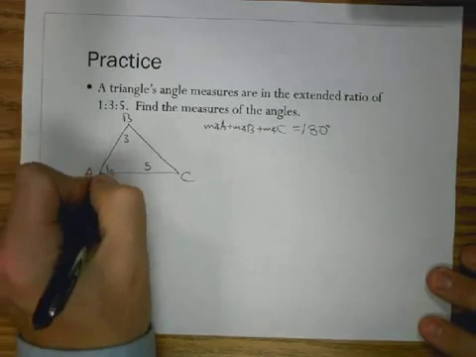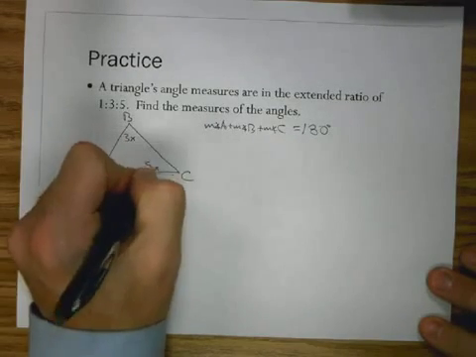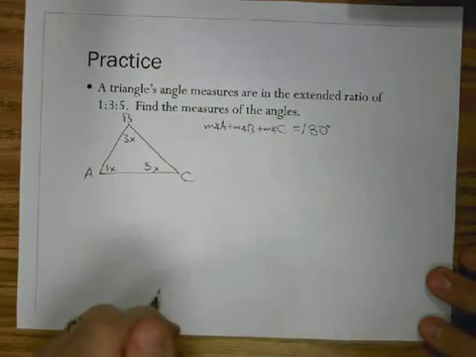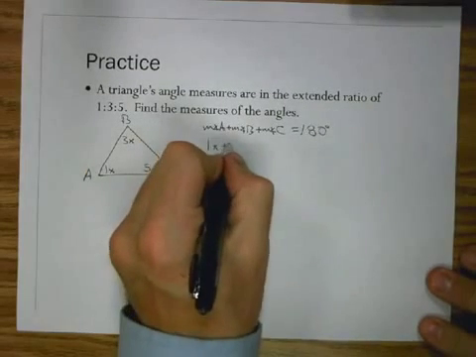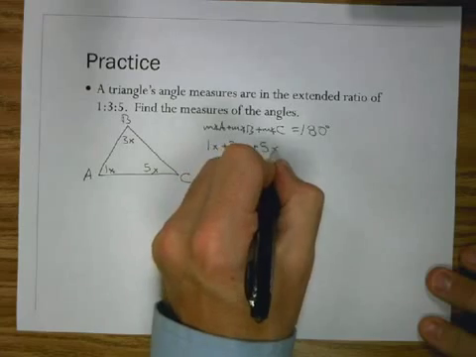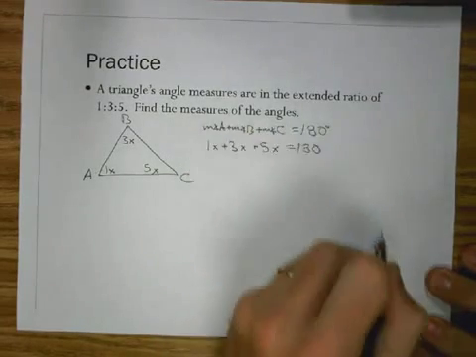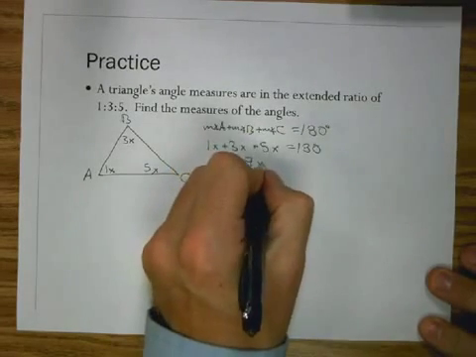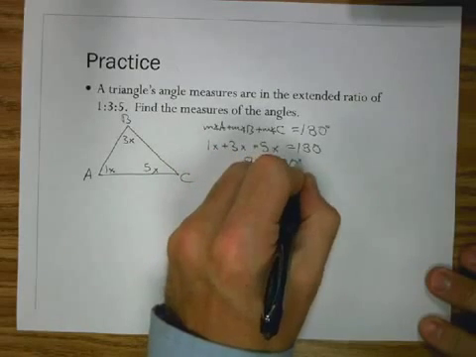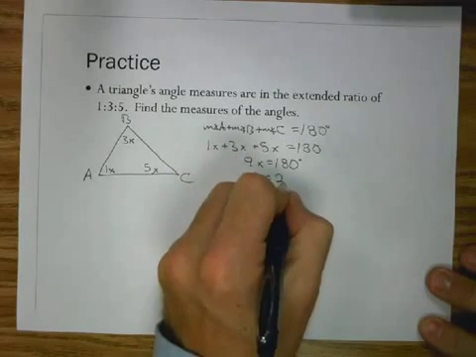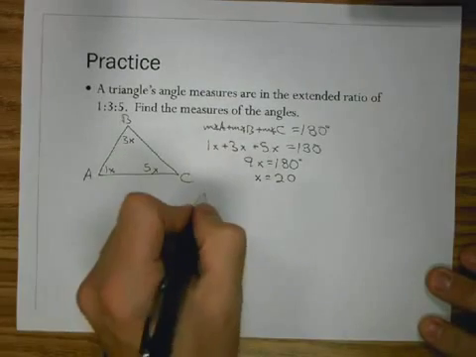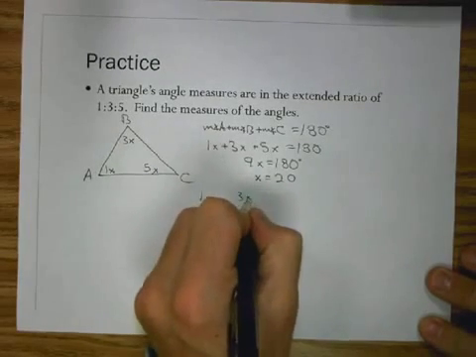It's like our length and width. We're looking for that ratio to hold, but I know 1, 3, and 5 are not the measures of the angles. Because we know that if you add up all the angles, let's label them A, B, and C, the measure of angle A plus the measure of angle B plus the measure of angle C is 180, and these are definitely not 180 right now.